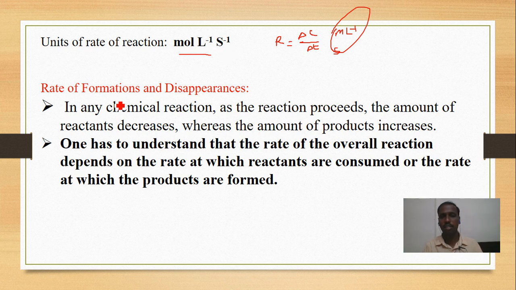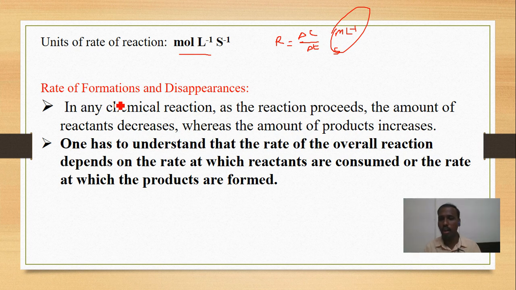Rate of formation and disappearance. In any chemical reaction, as the reaction proceeds, the amount of reactants decreases whereas the amount of products increases. Here we need to understand one thing.